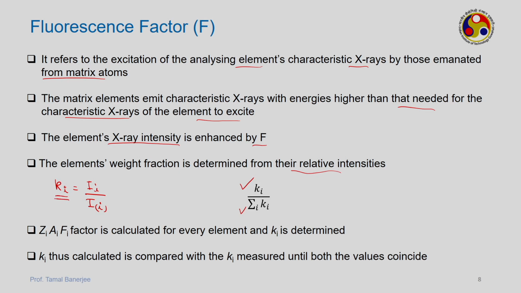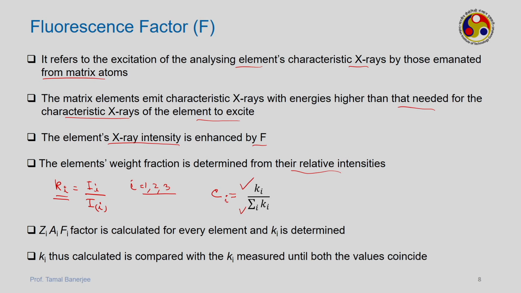Now you know Ki for each element; let us say there are 3 elements, so i equals 3 different elements. You know individually the K1, K2, K3 values, because you will come to know I1, I2, I3. Now you can obviously get a weight fraction. Suppose this is Ci.